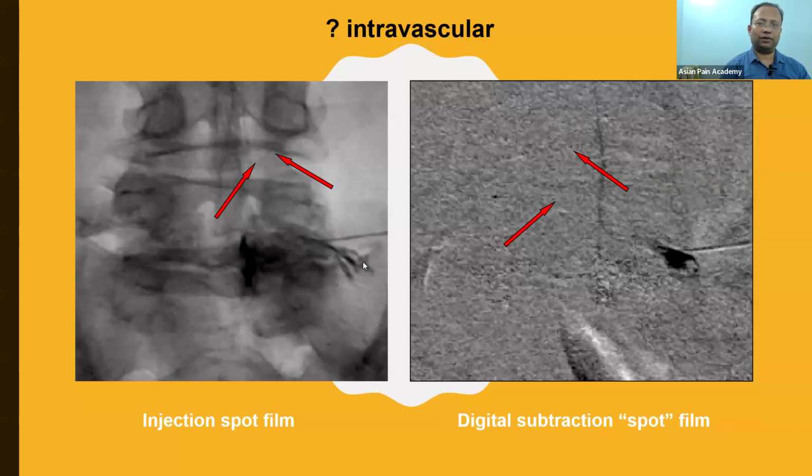If someone looks very carefully, he can see that this area suggests some drug is going intravascularly. Doing these procedures, the only big risky thing is that your drug should not go intravascular. Otherwise, the patient can have a very severe side effect, and you may land up in trouble.